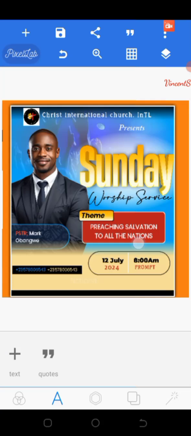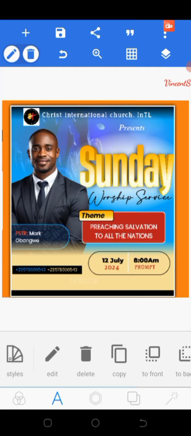So it is vice versa from the first one, okay? The first one was the image was on the right and the typography was on the left, but this time around it's vice versa, okay? So that's the second layout law. This is how it looks. And let us look at the third layout law.